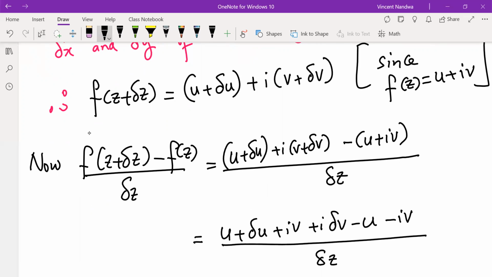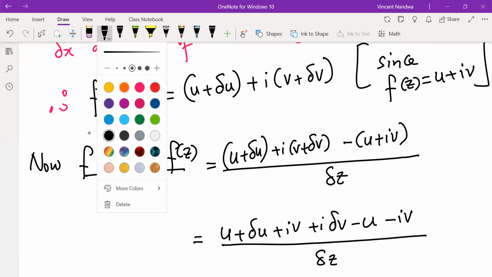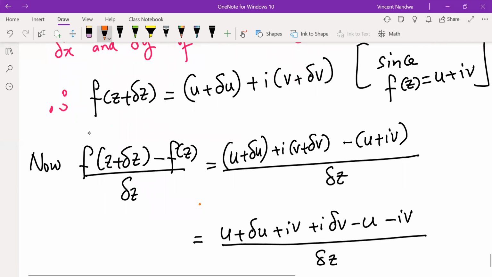I've just opened the brackets. This and this cancel out.